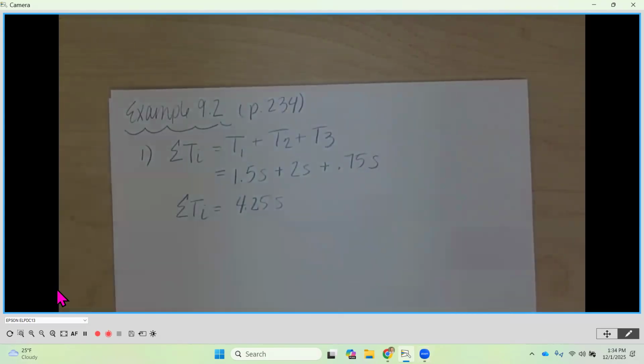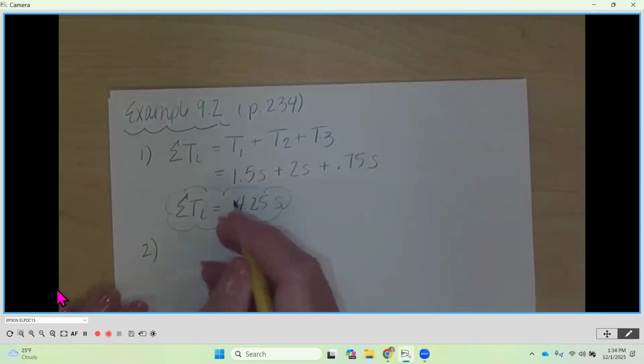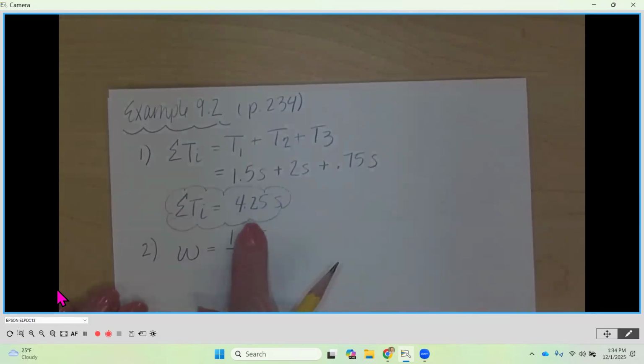Okay, good. Now we're going to use that information to calculate the rotational speed of the cam. Number 2 is going to be W, the angular velocity of that cam, equal to how much time it takes to go around 1 revolution.